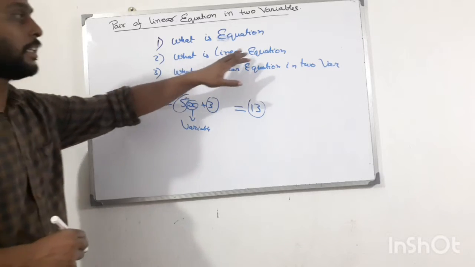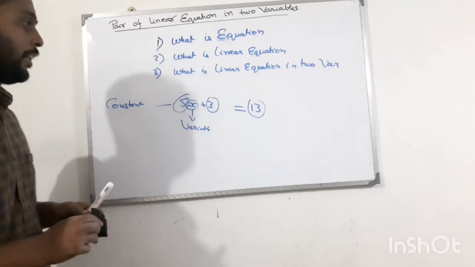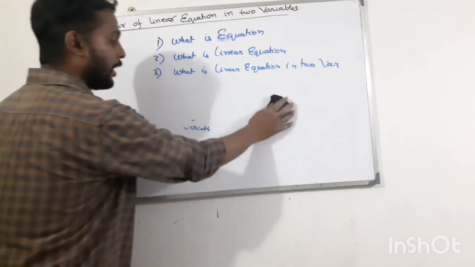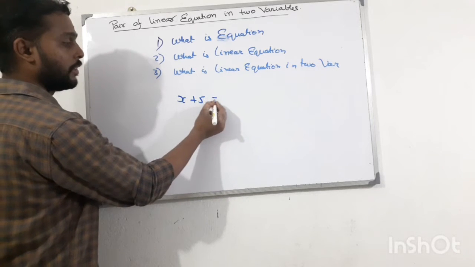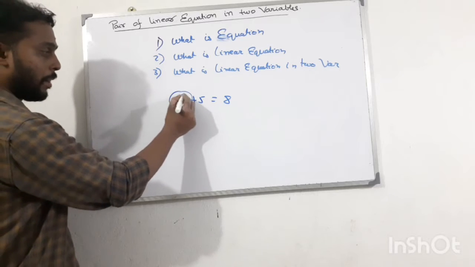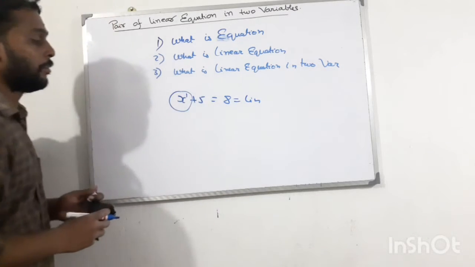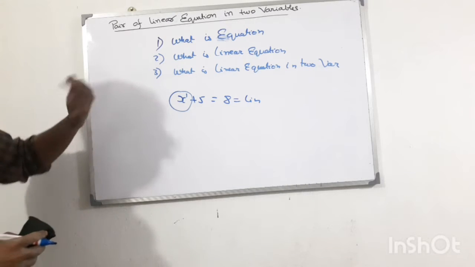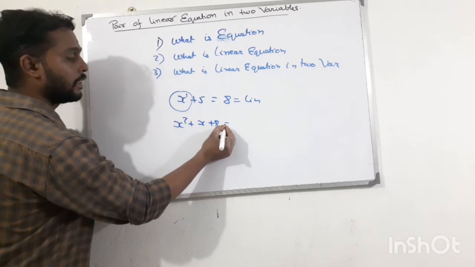So what is a linear equation? If any equation has a maximum power of 1, like x plus 5 is equal to 8, where the variable has maximum power of 1, then this is called a linear equation. What happens when the variable has more power, like x square plus x plus 8 is equal to 0?